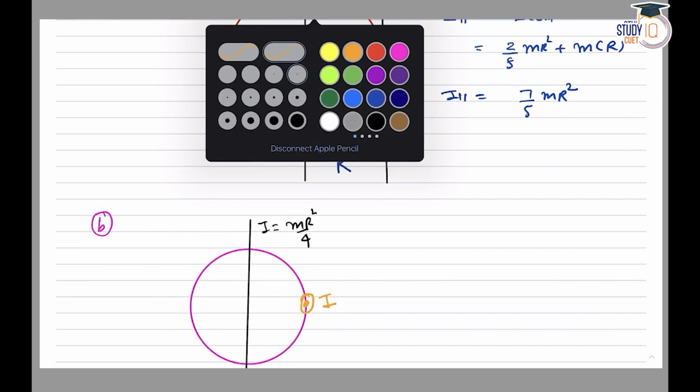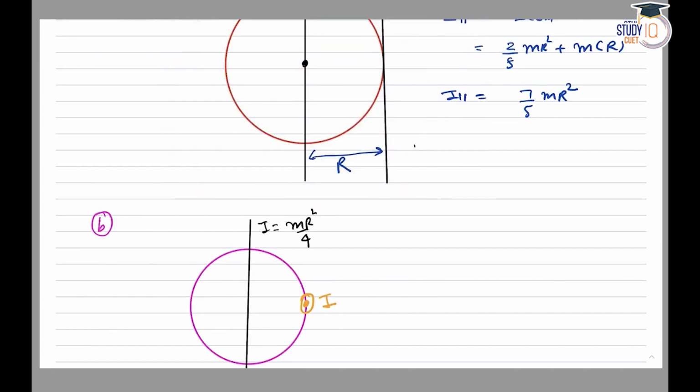In order to find the value of I, by using the parallel axis theorem, you can find the value of I if you know the value of ICOM. ICOM is for the axis which is passing through the center of mass. This axis is also passing through the center of mass, but between this axis and this axis we cannot use the parallel axis theorem as both are not parallel.